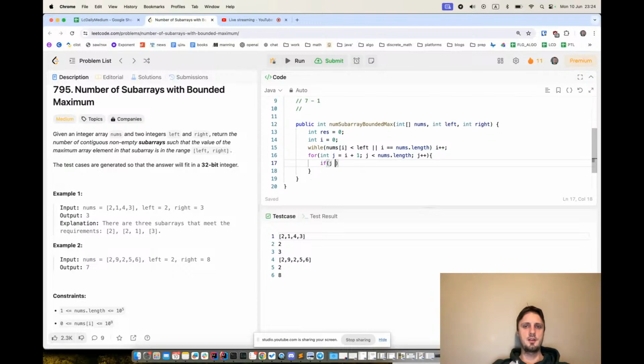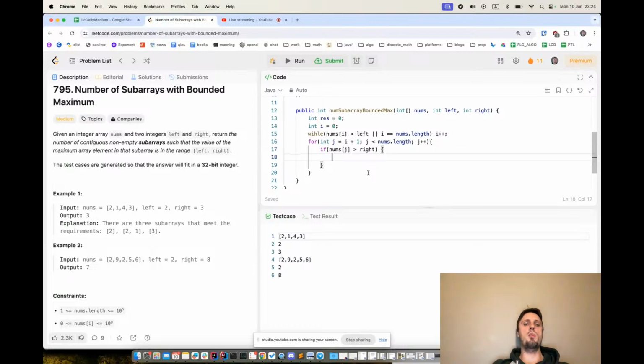If nums[j] is greater than right, in this case I should calculate my result.